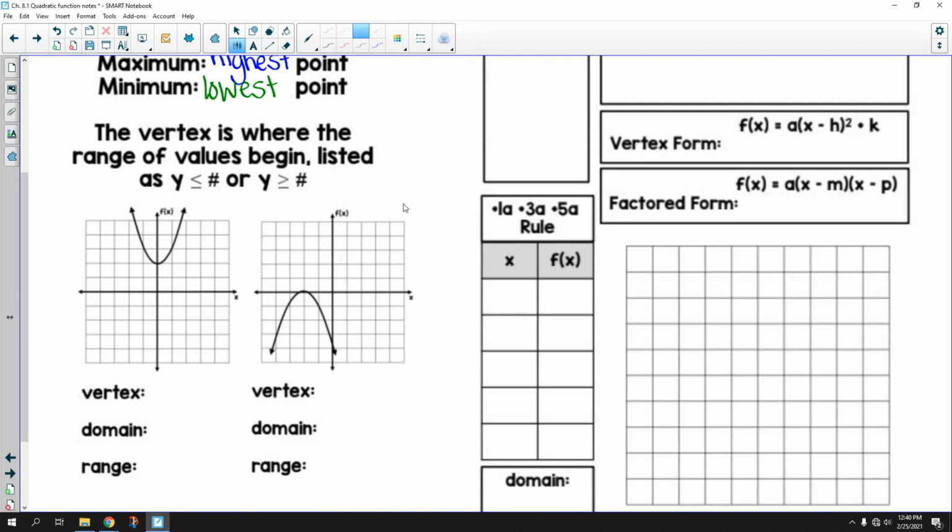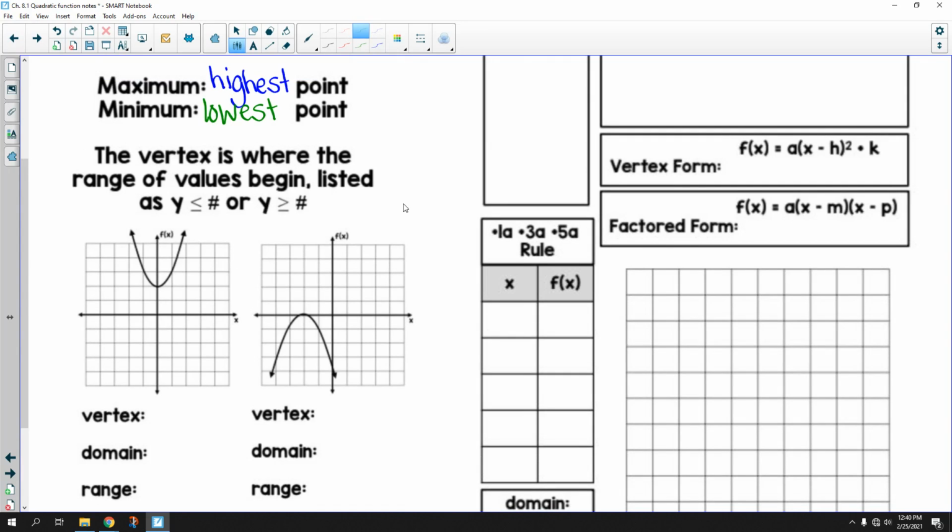The vertex is where the range of values begin, listed as y is less than or equal to whatever number it is, or y is greater than or equal to whatever number it is. So look at this first example here. We have a parabola, and notice that the very lowest point lands at this point.